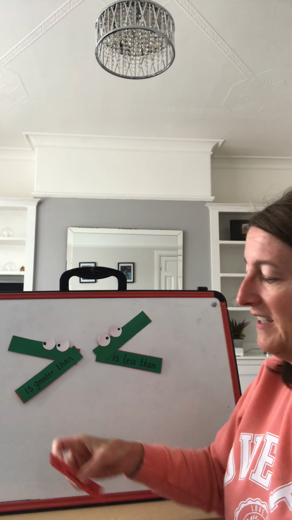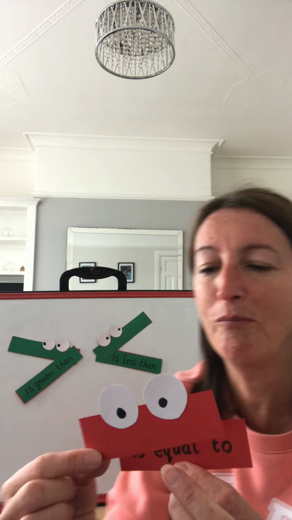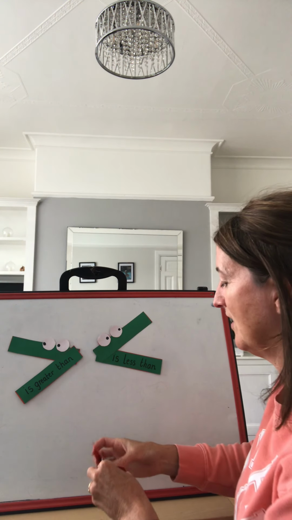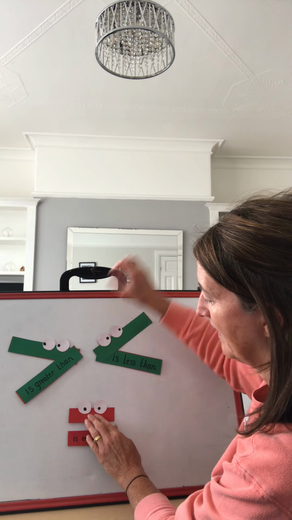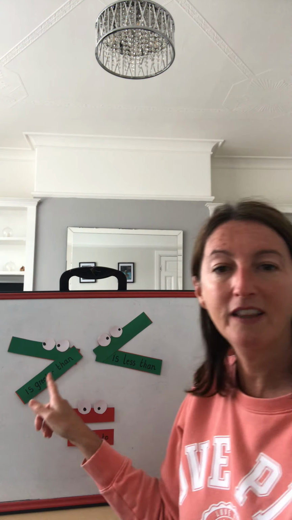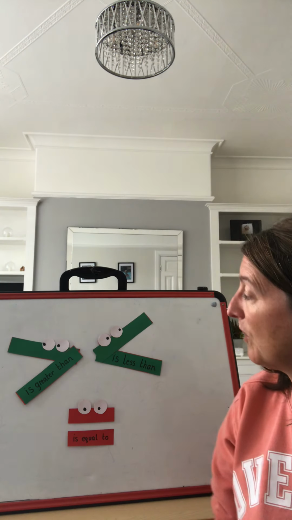It has two parts, and you all know this one. Is equal to. We know the equal sign, don't we? We've worked on that one a lot. I want you to look at these now, because these signs are always used when we use the words greater than and less than, or when we're ordering numbers and trying to work out which numbers are bigger and which numbers are smaller.